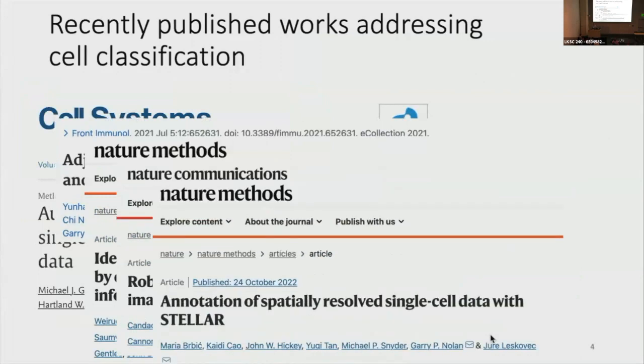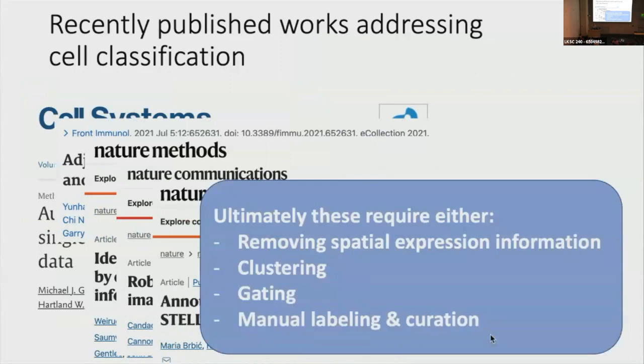But basically, these all funnel at the end to some step which involves clustering or gating, like with Pixie and Nimbus. At some point, you have to get to clustering, or removing the spatial expression information, or doing a lot of manual labeling and curation.